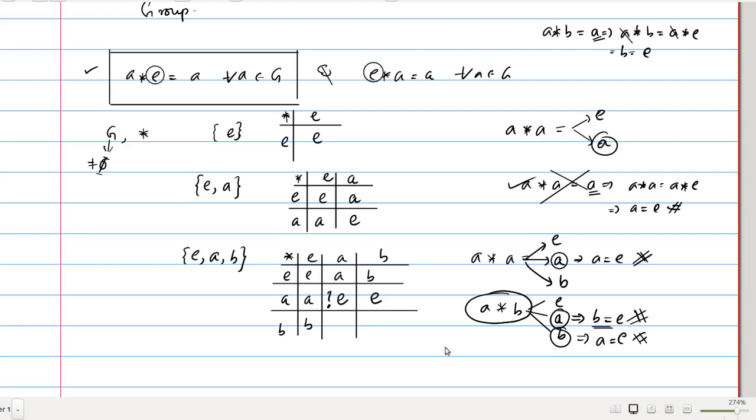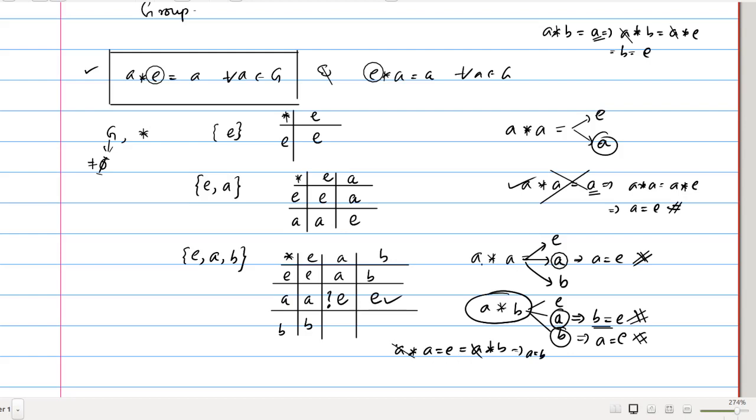A star A is equal to E, that is equal to A star B, which implies by left cancellation law we can get A equal to B, which is a contradiction as well.